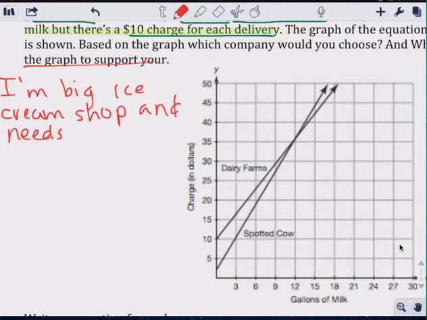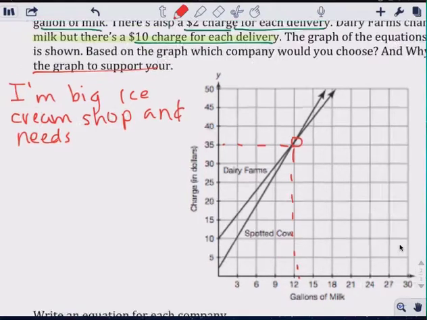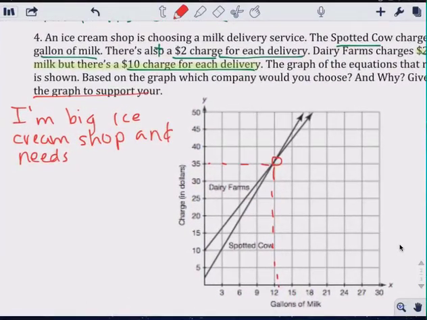More than, at 12, both companies are the same, okay? At 12 gallons, both companies are going to charge you $35.